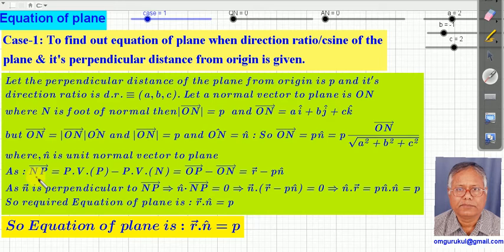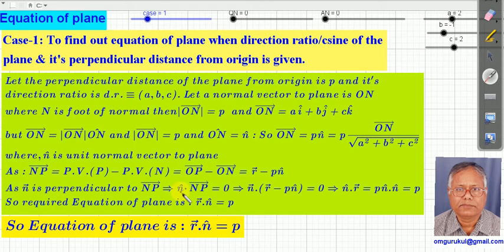So vector NP: N is the foot of the normal to the plane and P is any random point on the plane. Sometimes P is also called a random point, or a moving point of the plane, which generates the plane in fact. So vector NP is equal to the position vector of P minus the position vector of N, that is vector OP minus vector ON, and the position vector of the point on the plane is taken as vector R, so vector R minus PN. As the unit normal N is perpendicular to NP, N dot NP is equal to 0.